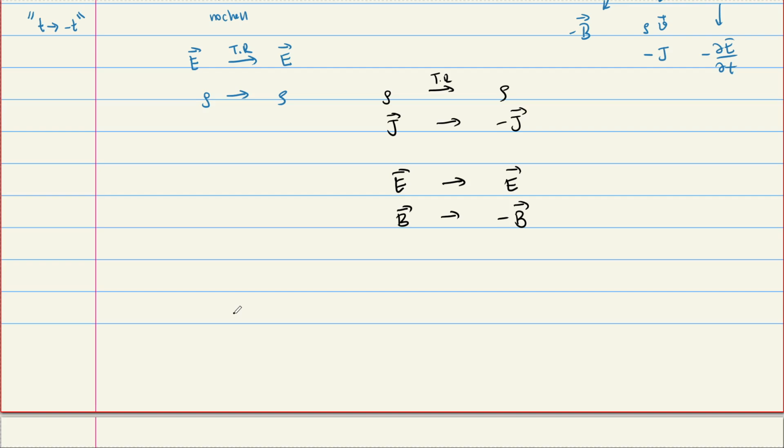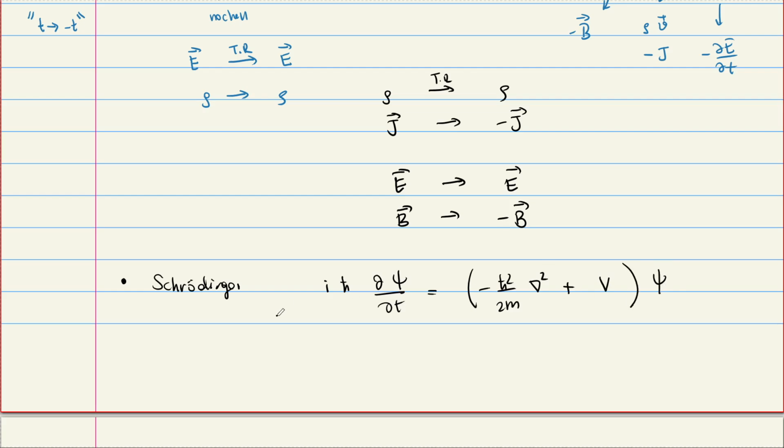So this was classical mechanics and classical electrodynamics. Now let's come back to quantum mechanics, and our starting point is always the Schrödinger equation. This is iħ ∂ψ/∂t is equal to minus ħ² over 2m ∇²ψ plus Vψ.